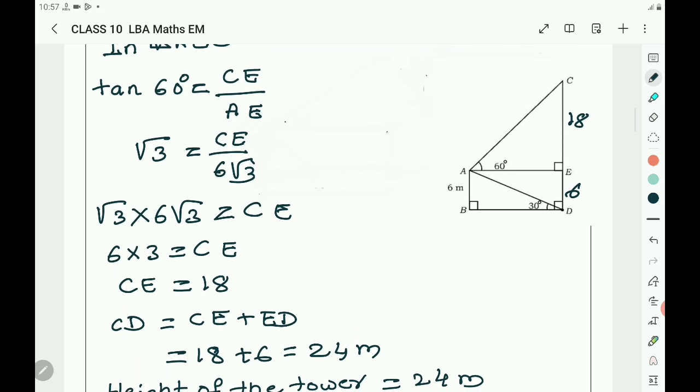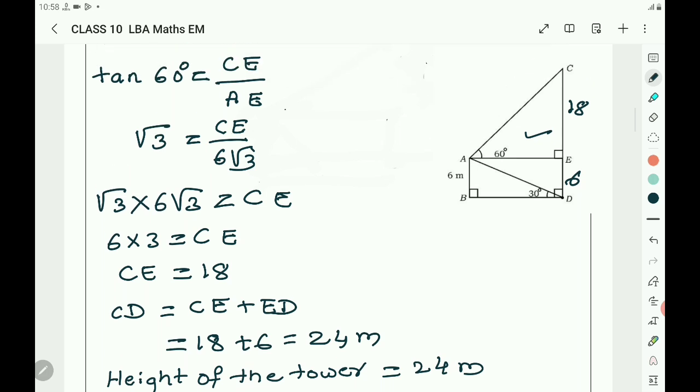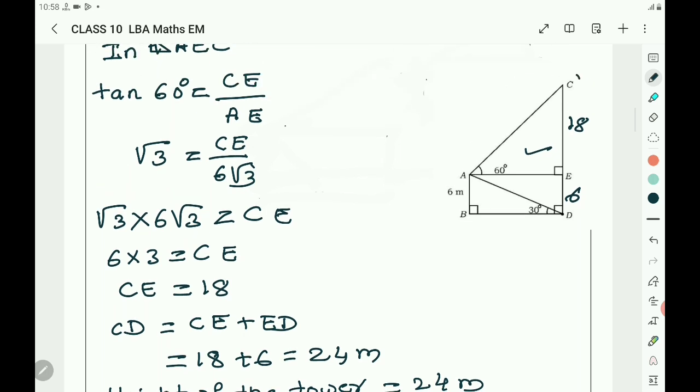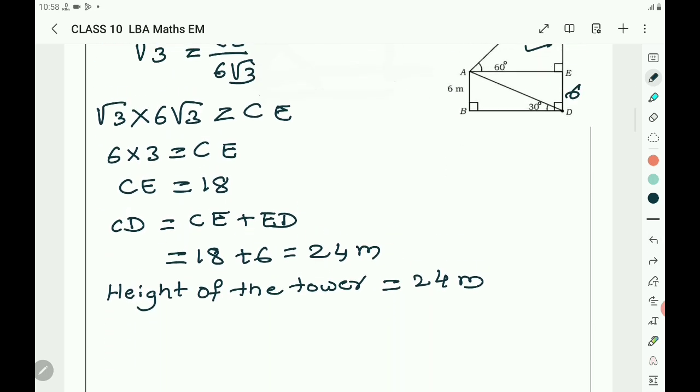Then to find the distance between the tops of the pole and tower AC, again use the same right angle triangle AEC. Use CE by AC, which is sin theta.